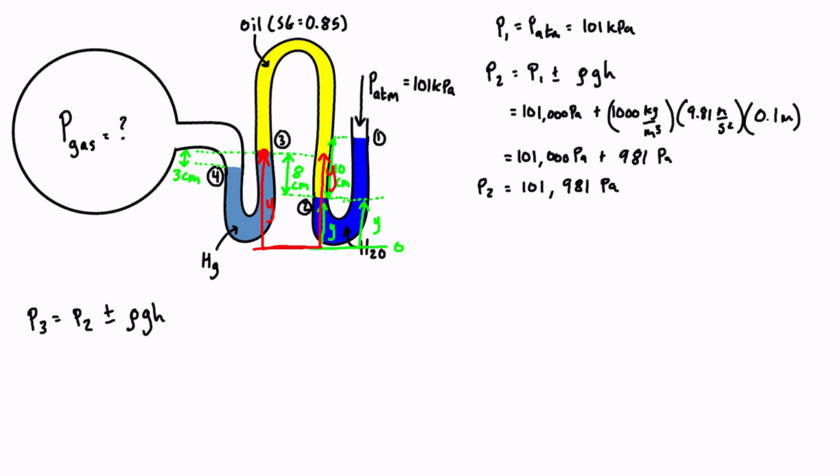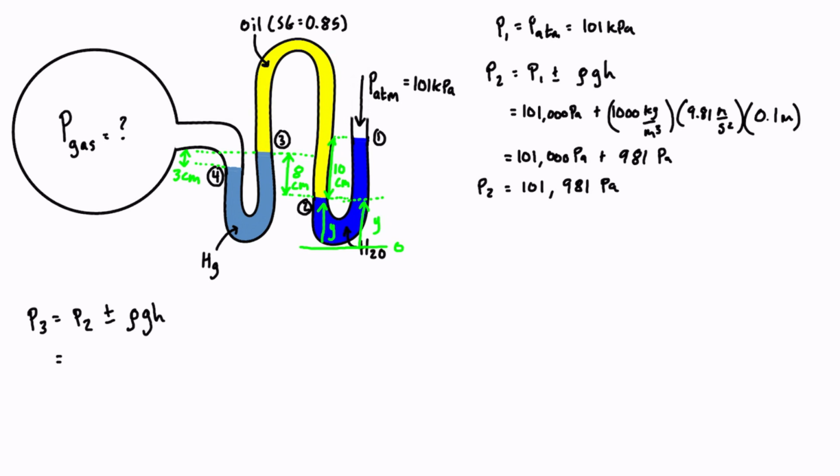So the pressure at point 2 is the same as the pressure here. As you go deeper into that same column of fluid, the pressure increases, so P2 has to be bigger, or P3 has to be smaller. So P3 has to be P2 minus something else, because P3 will be smaller than P2.